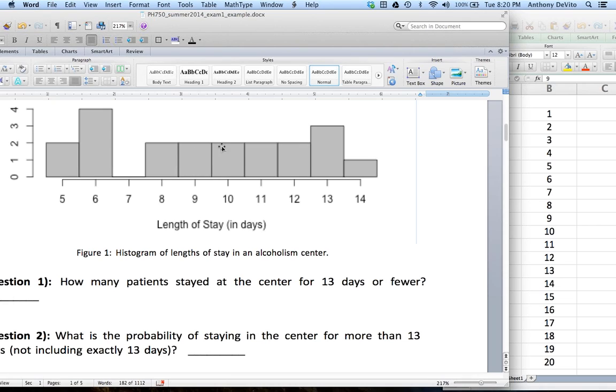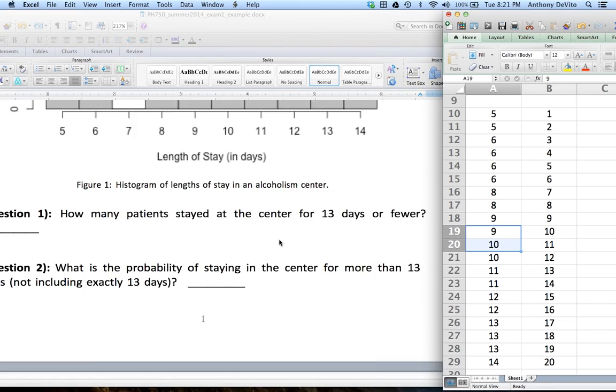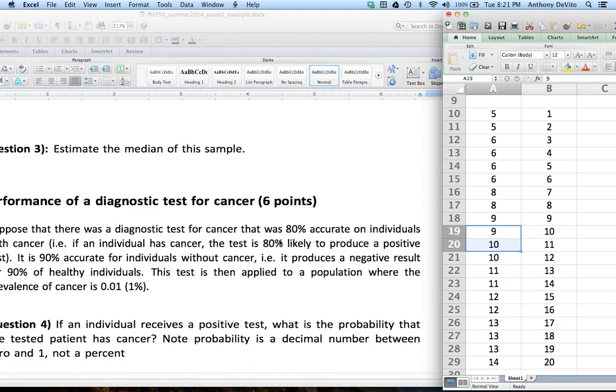So it's got to be between these two. So looking at the histogram, I know it's also 9.5. Had there been only 19 people, if somebody hadn't stayed 14, then the middle person would have been the tenth person, and the median would have been 9. It would have been someone that was in this bar. Okay, so that's the way we deal with that.